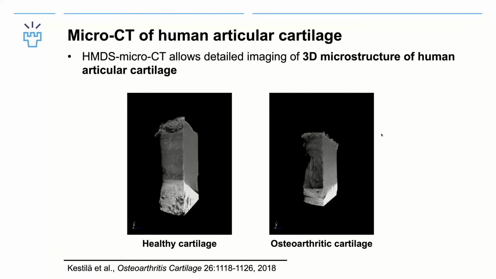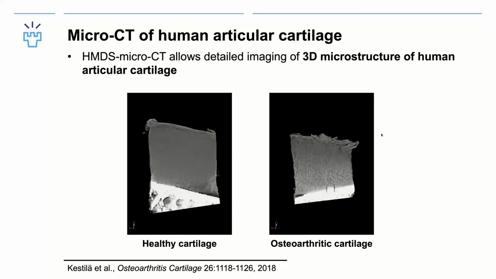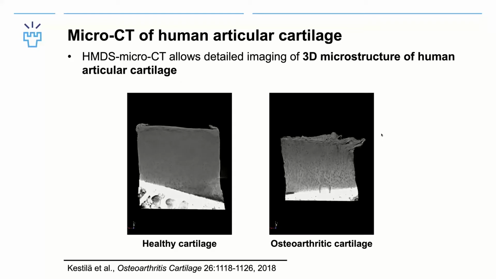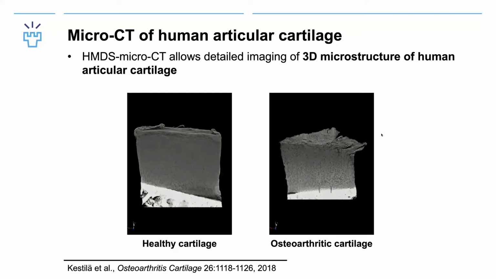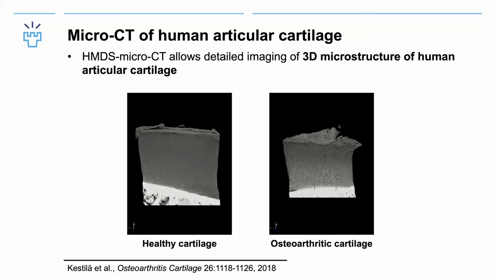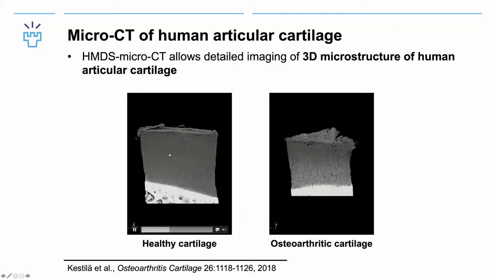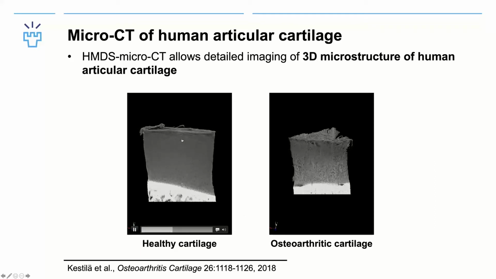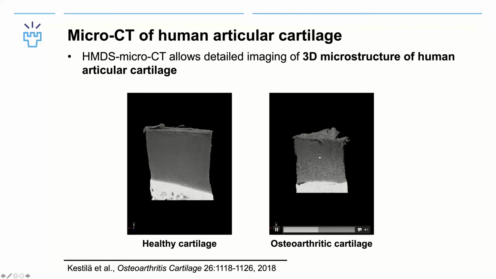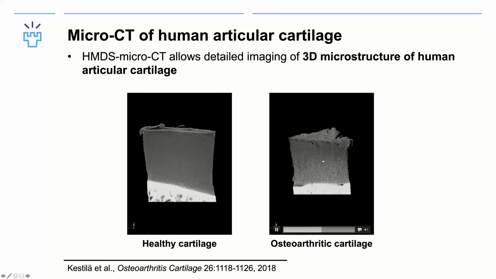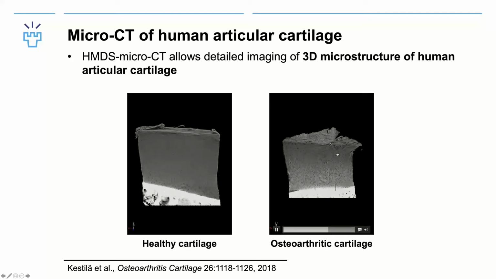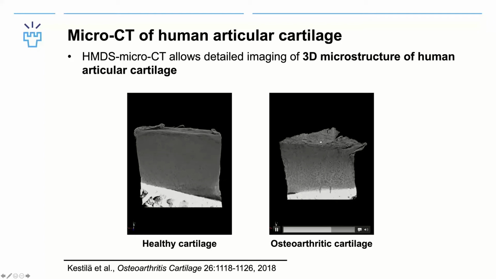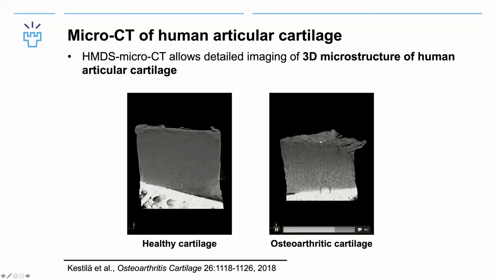You can always analyze it section by section, or you can make 3D reconstructions and look at the sample in 3D. Here we have bone, here we have cartilage. This is a healthy sample, and this is a mildly osteoarthritic sample. Not yet end stage, because you still have quite a lot of cartilage left there, but you can see really well that this is certainly not a normal healthy sample.